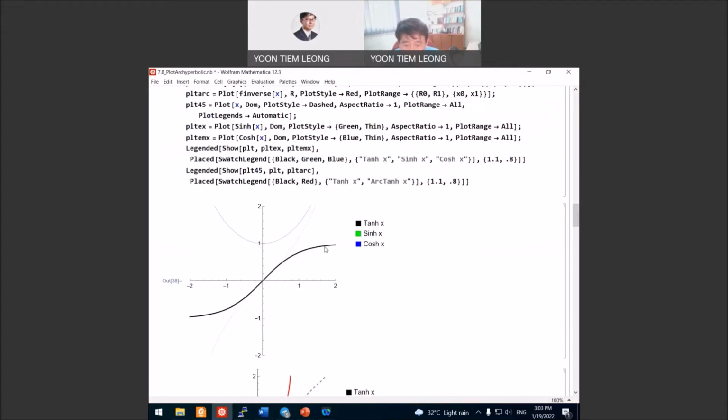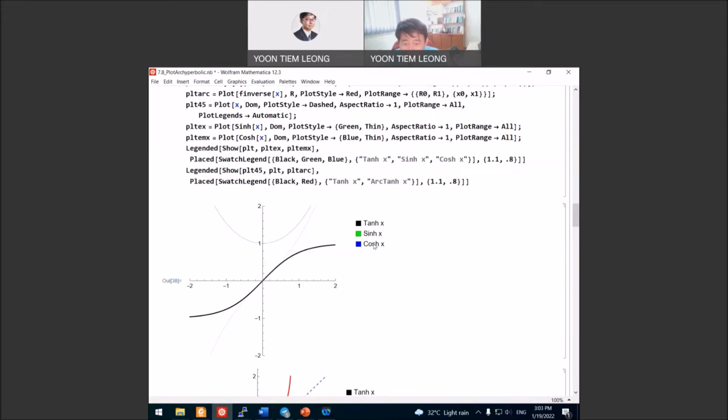It is obtained by taking the ratio of the hyperbolic sine divided by the hyperbolic cosh. So this green color is the hyperbolic sine divided by the hyperbolic cosh, which is the blue color line. So this is the shape of the hyperbolic tangent.